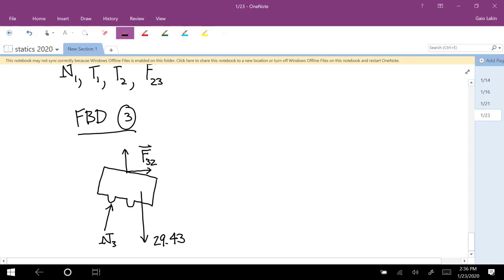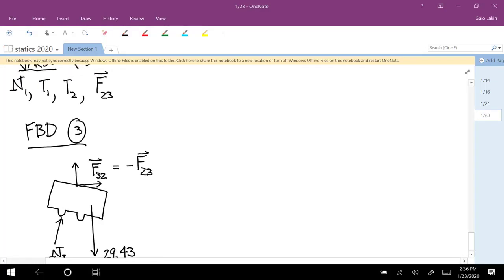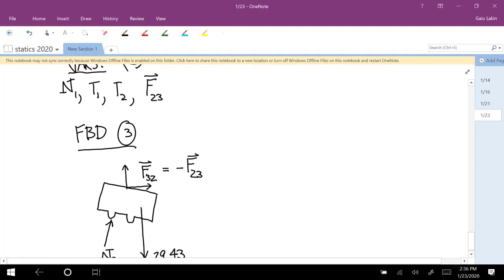So instead of introducing 2 new variables, we're going to set this equal to negative F23. That's Newton's third law, lets us do that. Okay. And then the last force is the cable between these two, which that tension force is what I called T1.